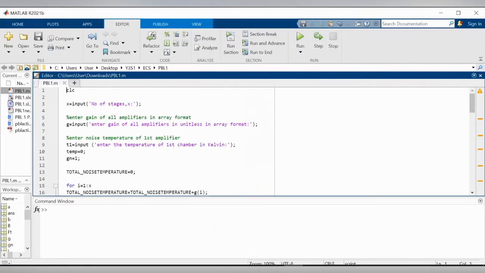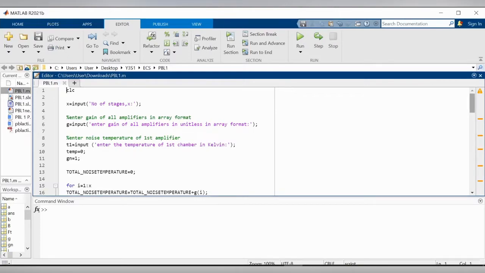And now we will show a little bit of simulation using MATLAB. Basically, we just transfer the calculation part into the MATLAB code to verify the answer.